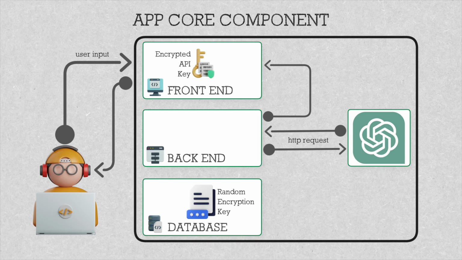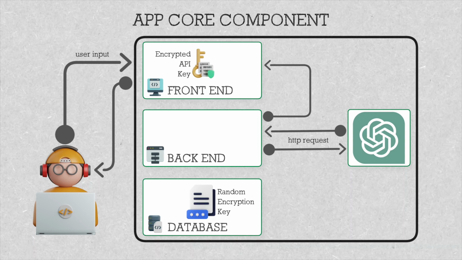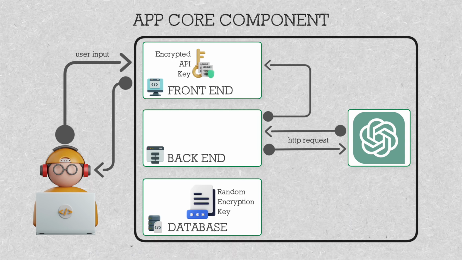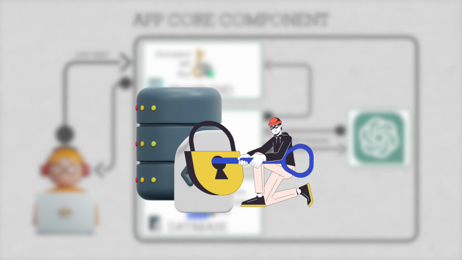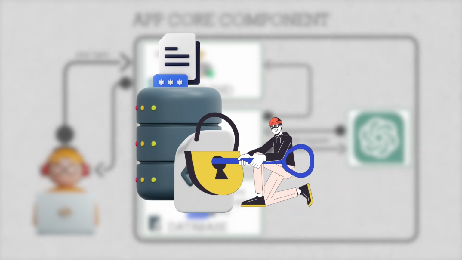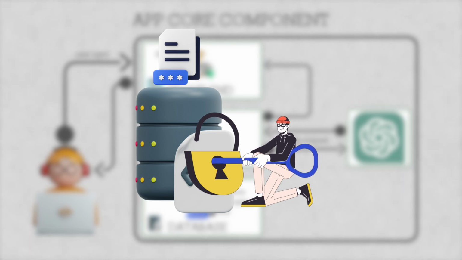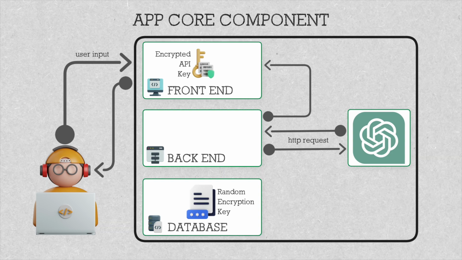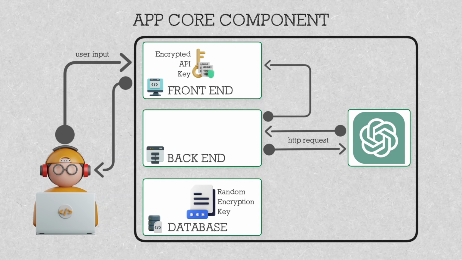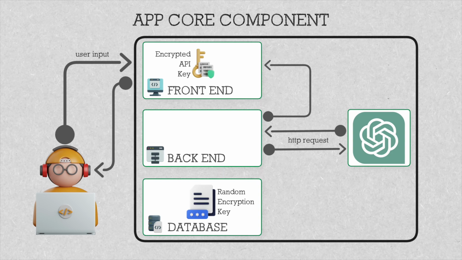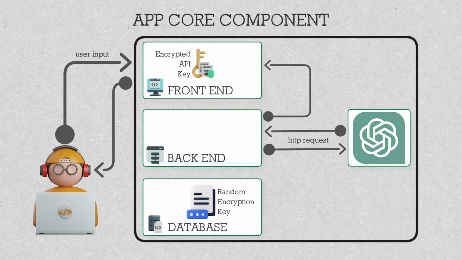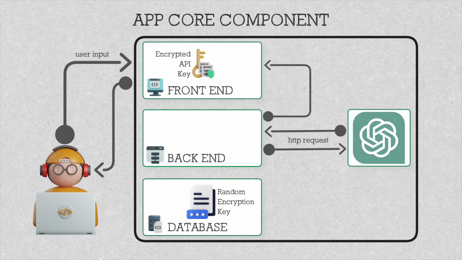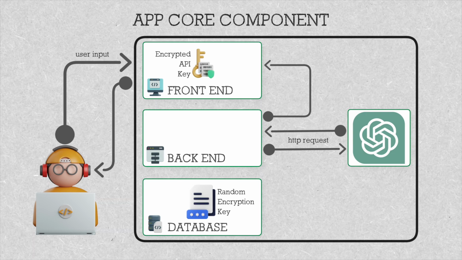If for whatever reason we accidentally save our environment variables to a public folder, or if some malicious user gets access to our database, once again, all they're going to have access to is the randomly generated encryption keys, and they can't do anything with that. The only way someone can get access and really mess with our users' OpenAI keys is if they are able to hack or maliciously exploit the user's front end to where they can scrape the local storage key.